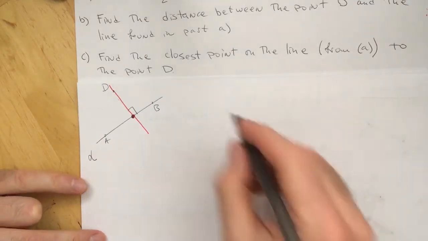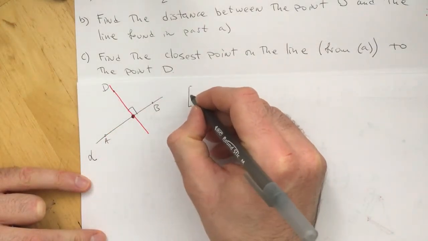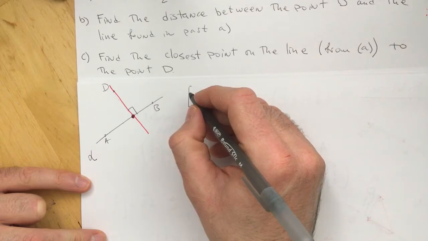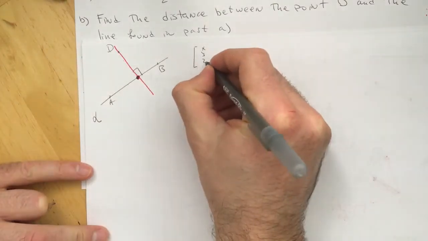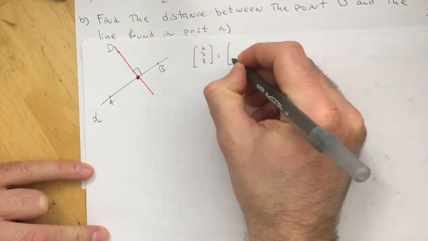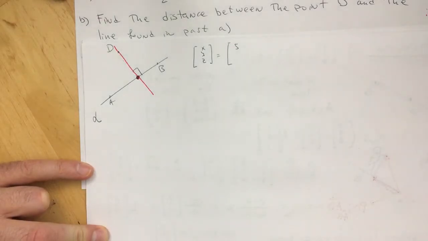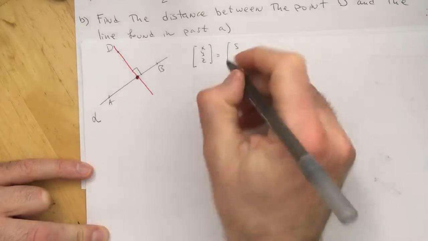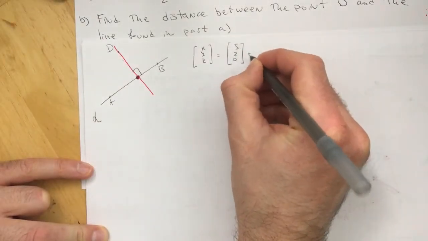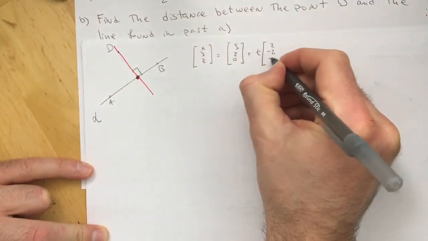So what do we know? First, we know the equation of the line going through A and B. We found that as the first question. So that's x, y, and z is equal to 5, 2, 0 plus t, and the vector was 2, negative 2, negative 2.